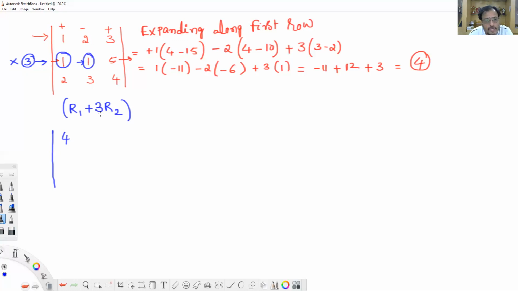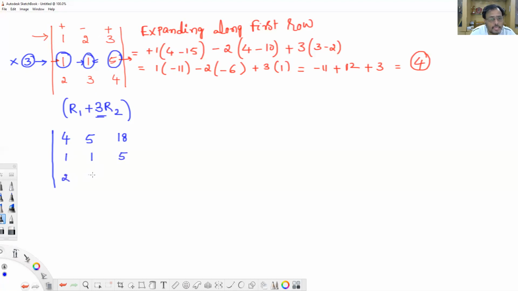I have written here 3 times R2, every element of the second row multiplied by 3, plus that result added to R1. Again, 3 plus 2 is 5. And 5 threes are 15, 15 plus 3 is 18. Then the remaining rows you write as it is.